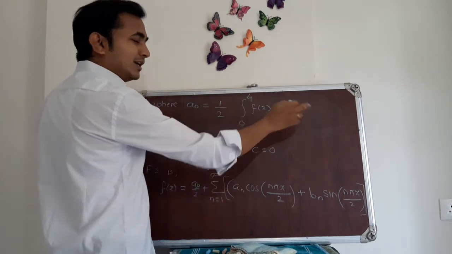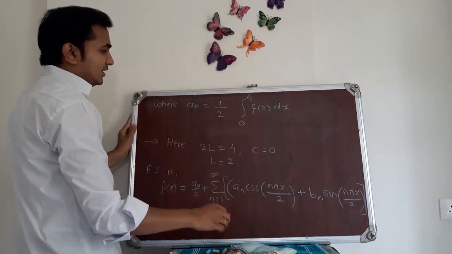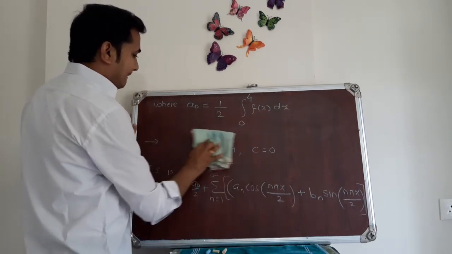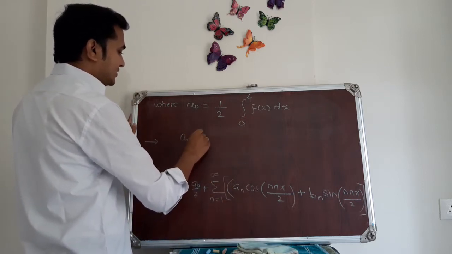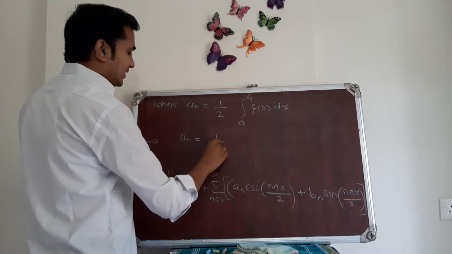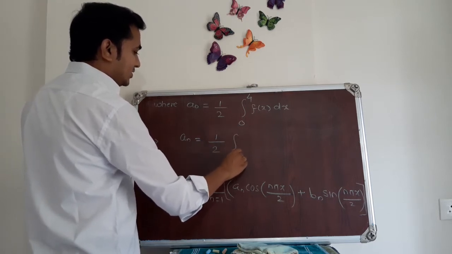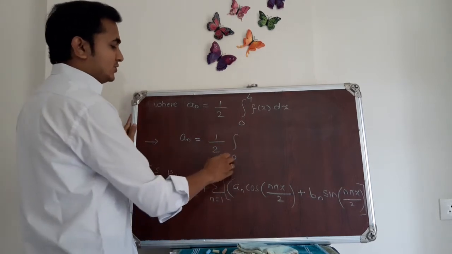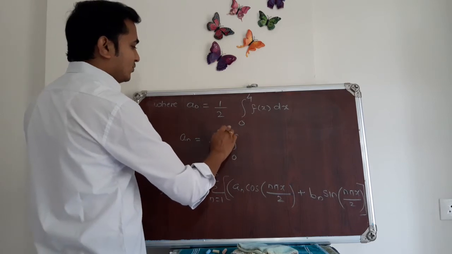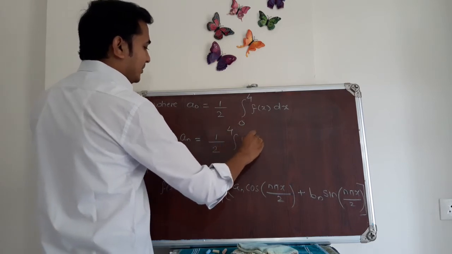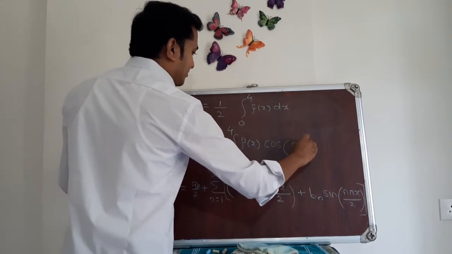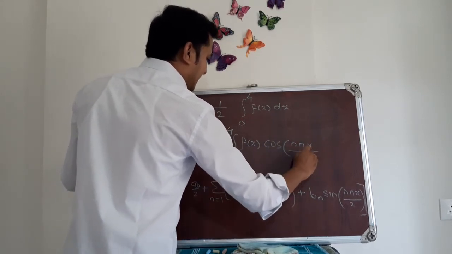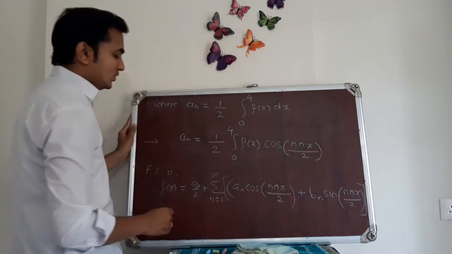Now you can calculate this integral. Then an is 1 by L, so again 1 by 2, integral c to c plus 2L, so 0 to 4, f of x cos n pi x upon L, L is 2.